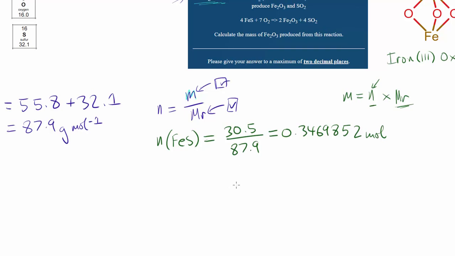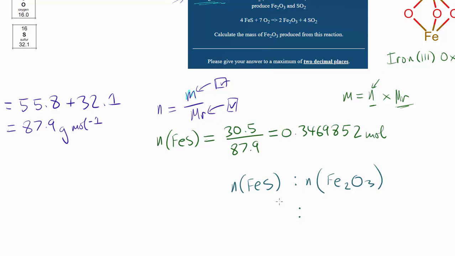So the moles of FeS, I'm going to compare that to the moles of Fe₂O₃, right? And this is going to be based on the coefficients.